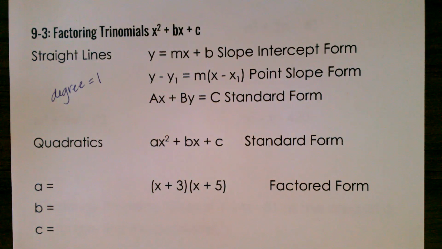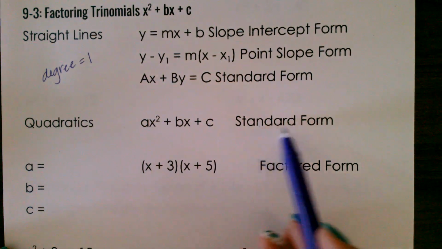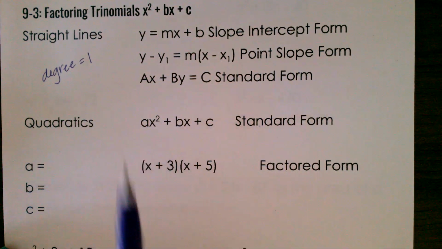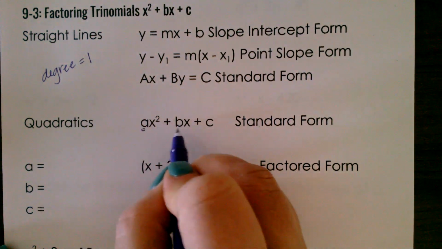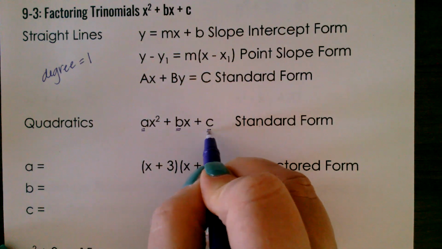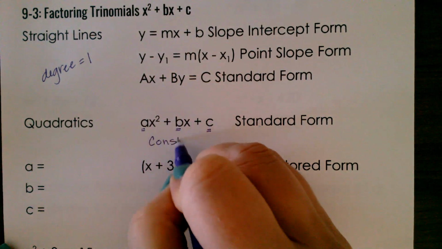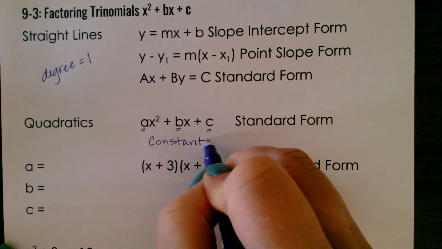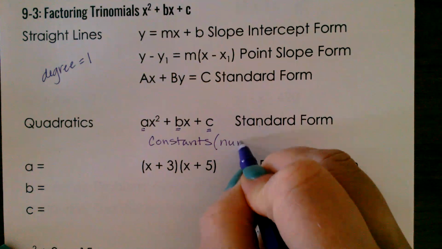Okay, when we get to quadratics now, they have something called standard form. Ax squared plus bx plus c. The a, b, and c are all constants. And what I mean by that is numbers.